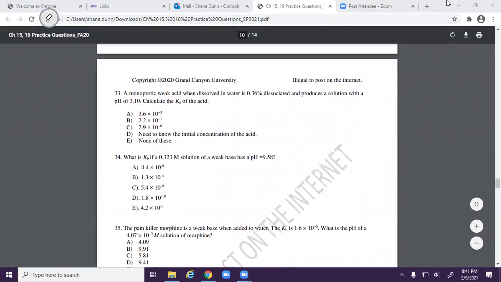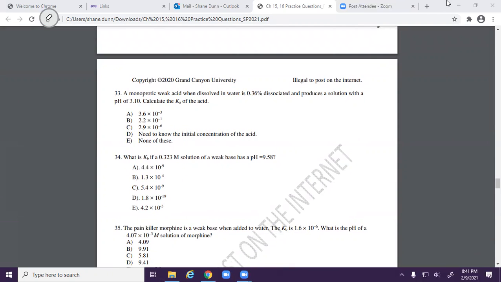A monoprotic weak acid, when dissolved in water, has a 36% dissociation and has a pH of that. What is the Ka value? Oh no. This one we have to do both steps now. So remember, percent ionization. 0.36% is equal to concentration of H over HA.